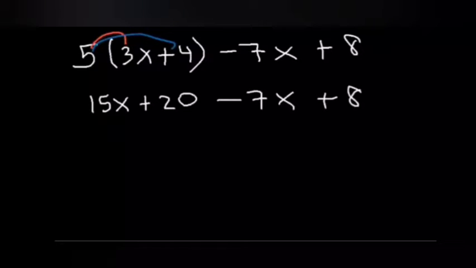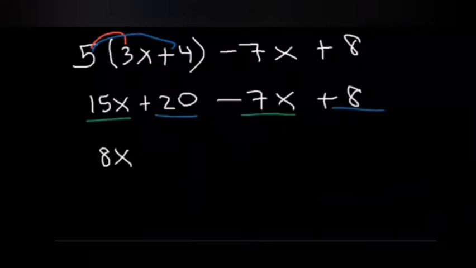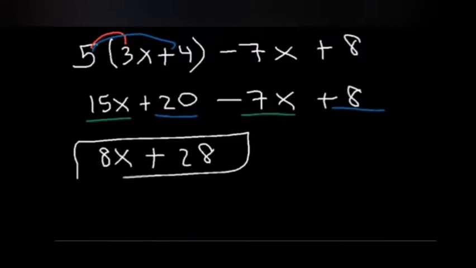Now we collect like terms. 15x and minus 7x are like terms. That gives us 8x. 20 and 8 are like terms, and that gives us plus 28 as our final answer.